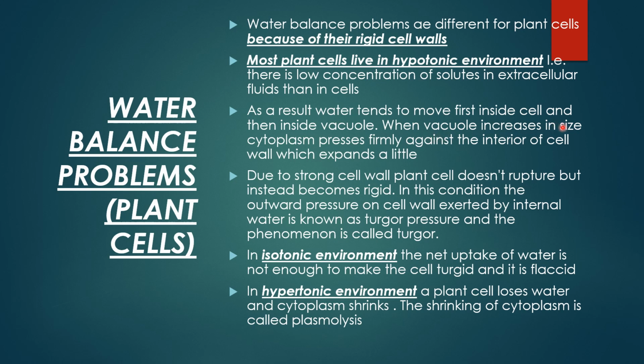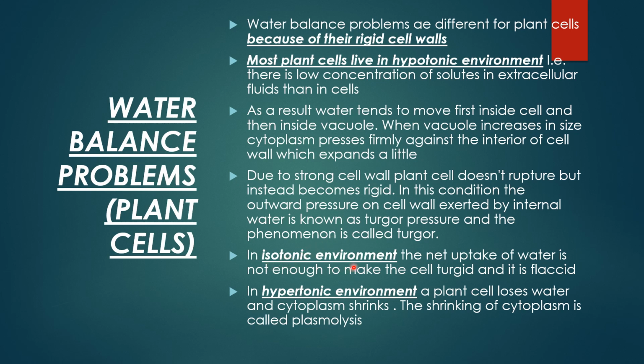When vacuole increases in size, cytoplasm presses firmly against the interior of cell wall, which expands a little. Due to strong cell wall, plant cell does not rupture but instead become rigid. In this condition, the outward pressure on the cell wall exerted by internal water is known as turgor pressure, and the phenomenon is known as turgor.